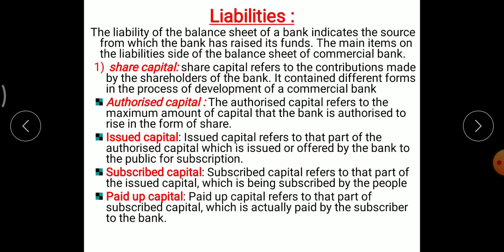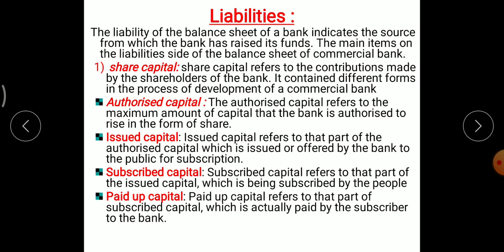Under that we can see the authorized capital. The authorized capital refers to the maximum amount of capital that the bank is authorized to raise in the form of shares. Generally only a part of the authorized capital is issued in the form of shares to the public.